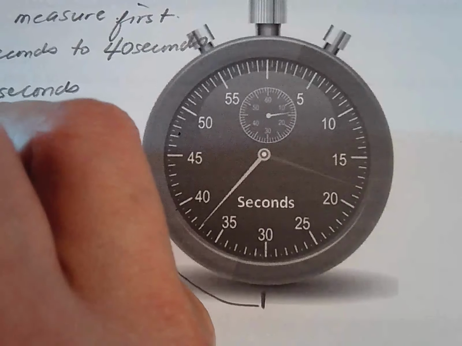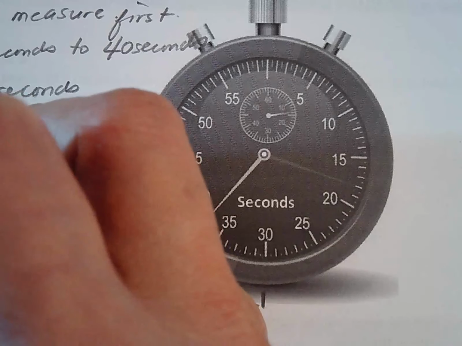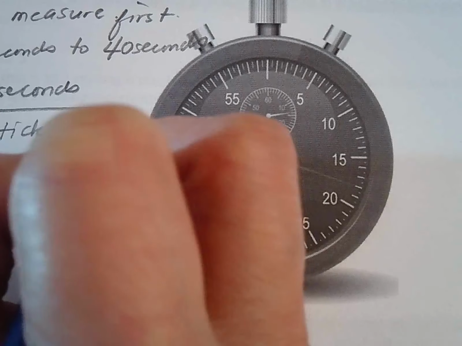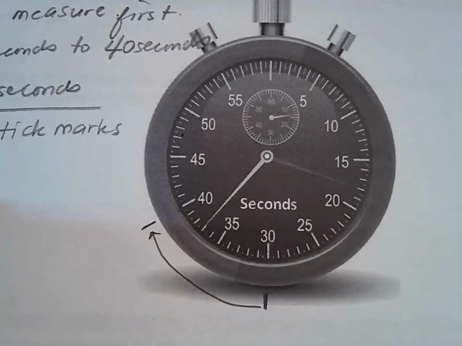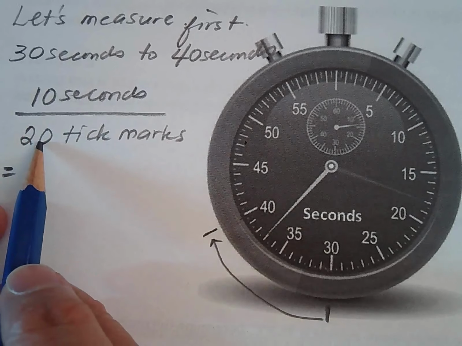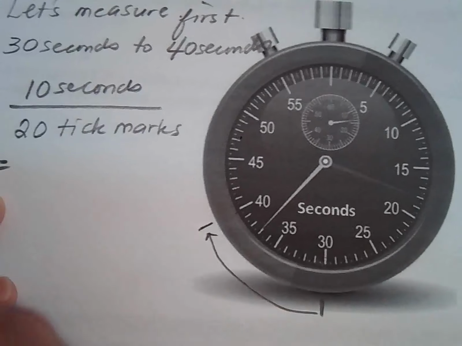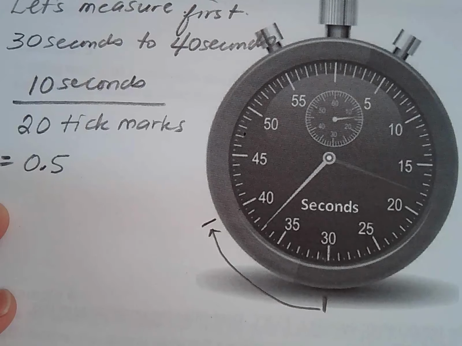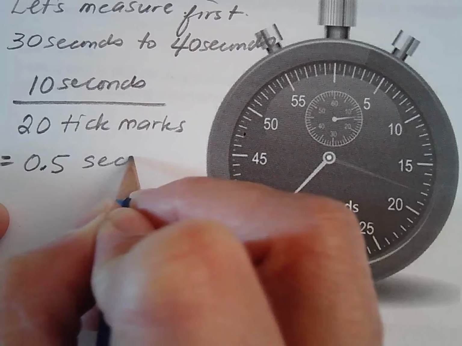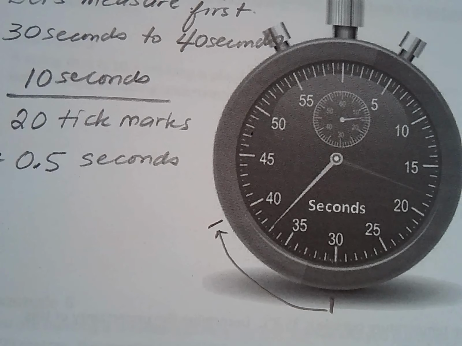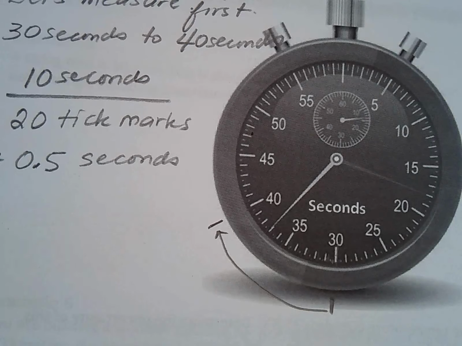So there would be 20 finest tick marks. So 10 divided by 20 gives us 0.5 seconds. So that means this stopwatch can read up to 0.5 seconds.